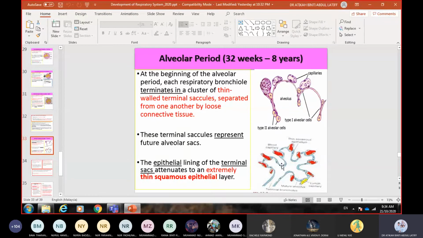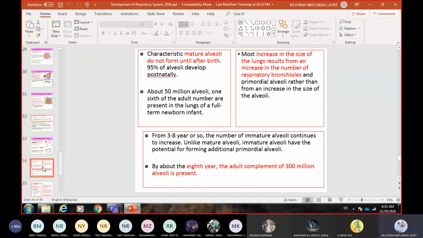You can see the very thin epithelial layer to allow fast gas exchange, and you have the type 1 and type 2 alveolar cells or pneumocytes to help with the production of surfactant. The mature alveoli do not form until after birth.